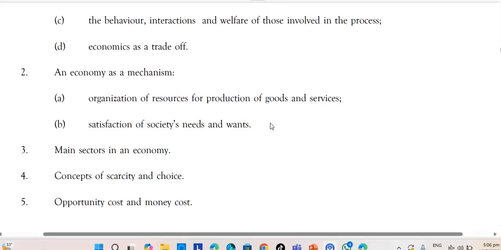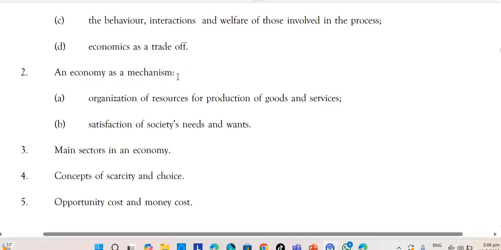An economy is a system or mechanism through which a country or society organizes its resources. When we talk about resources, we are talking about land, labor, capital, and entrepreneurship. So it's a country or society that organizes its resources to produce goods and services that satisfy the needs and wants of its people. Now, we have to look at economy as a mechanism.